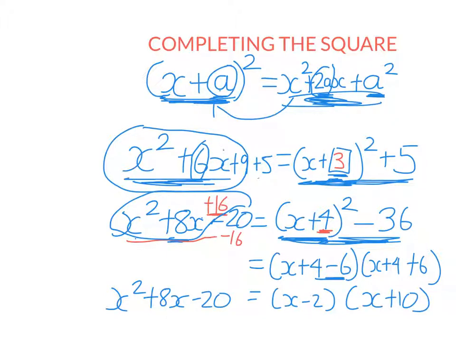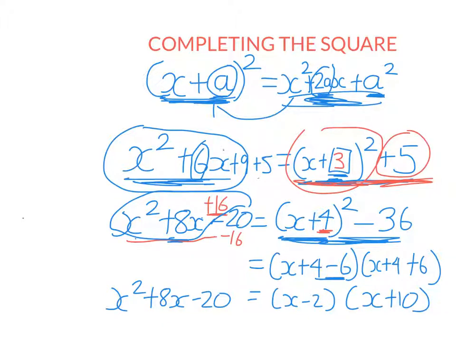What is important to note here is that you can't factorize any quadratic trinomial using completing the square. This one here, I wrote it as a perfect square plus something, but that's not factorized because it's not something times something, it's something plus something.